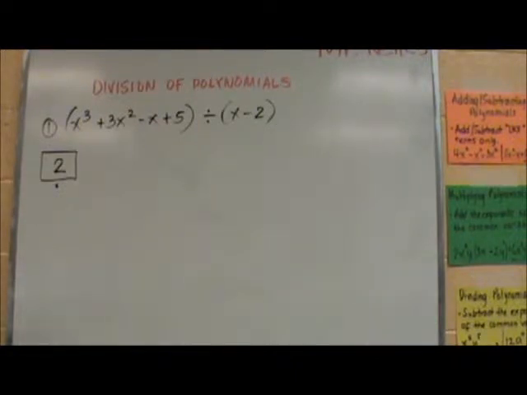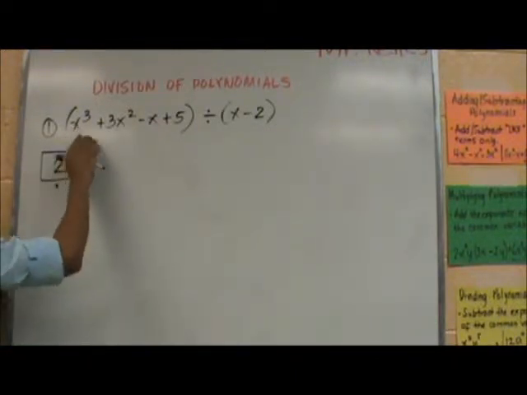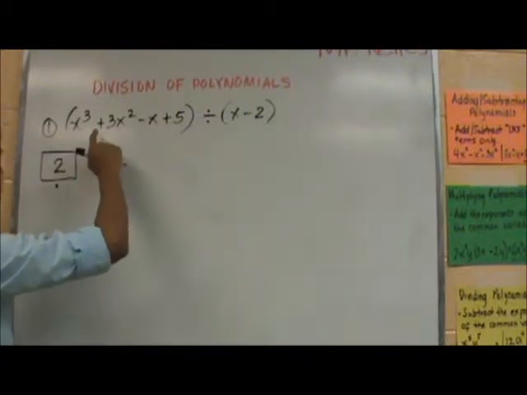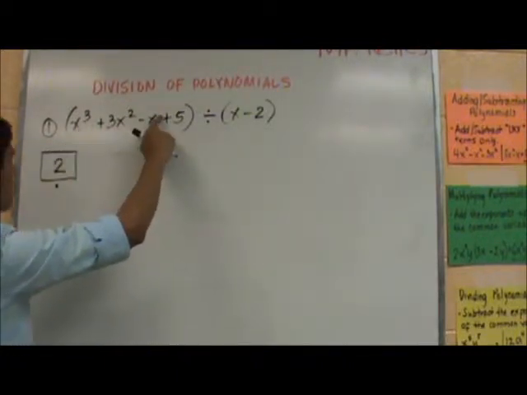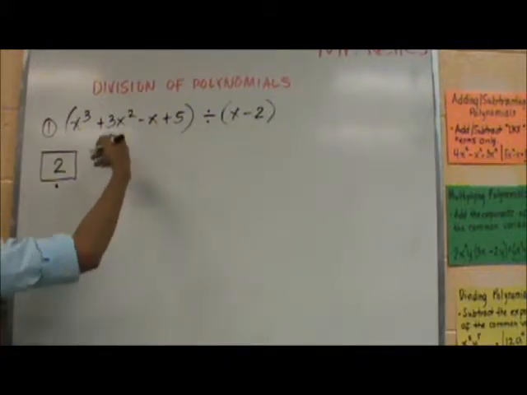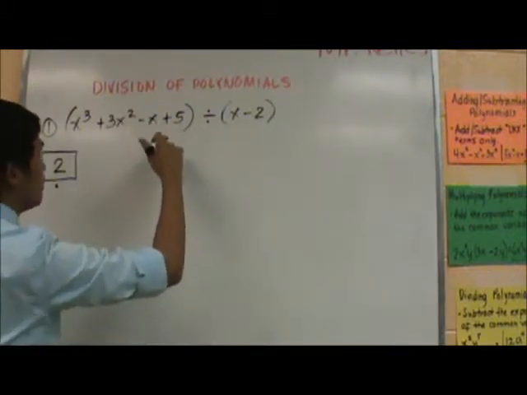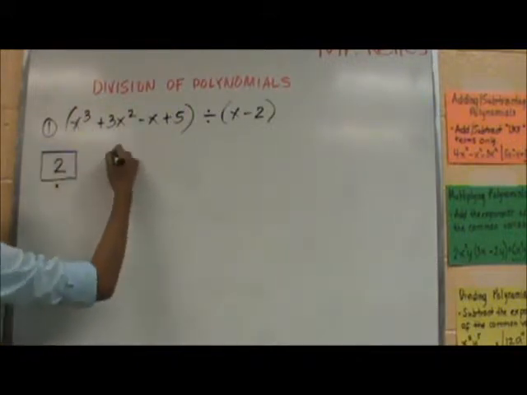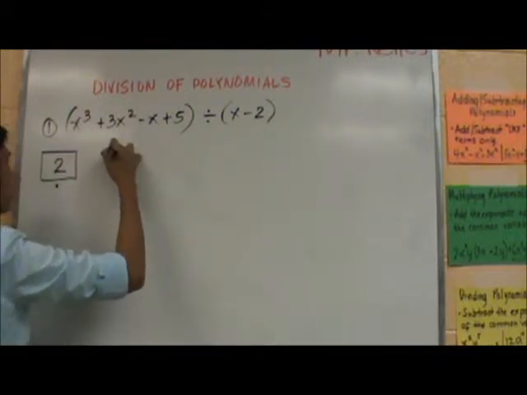Now let's arrange. Since the exponents are already arranged from biggest to smallest, with a constant, we can just drop down all the numerical coefficients, including the 5. There is an invisible numerical coefficient of 1 here, so we write 1.